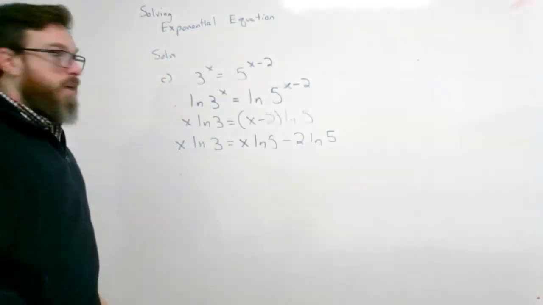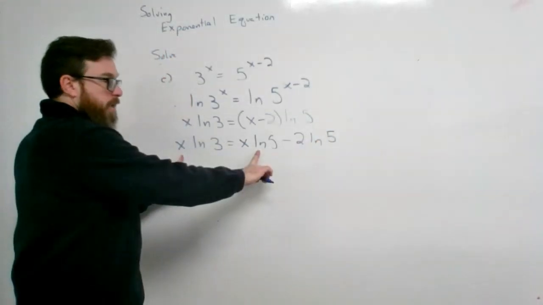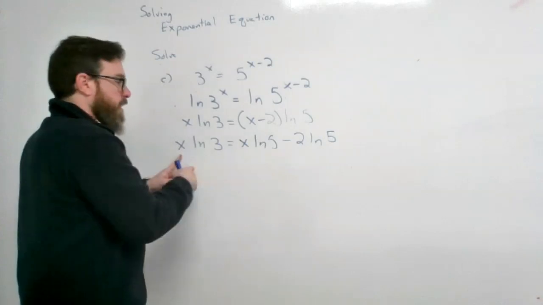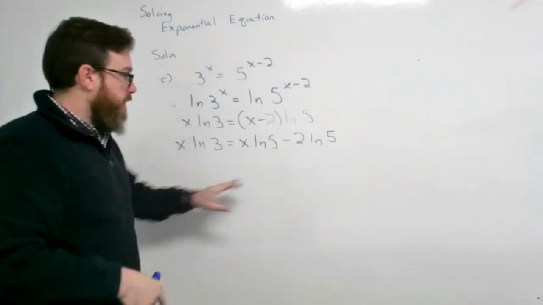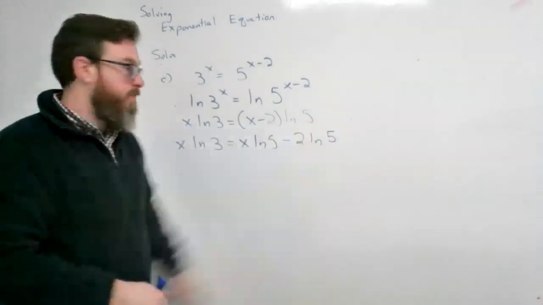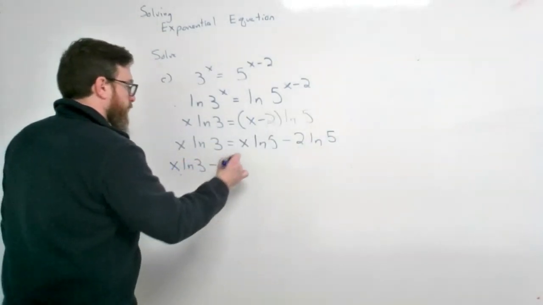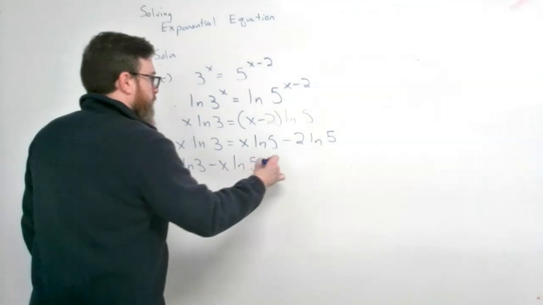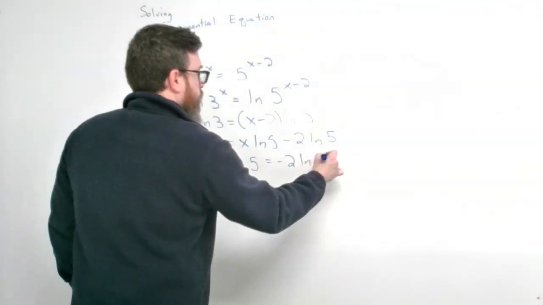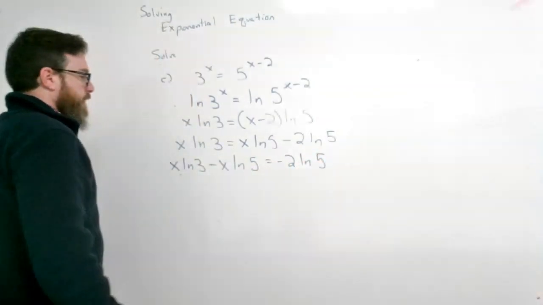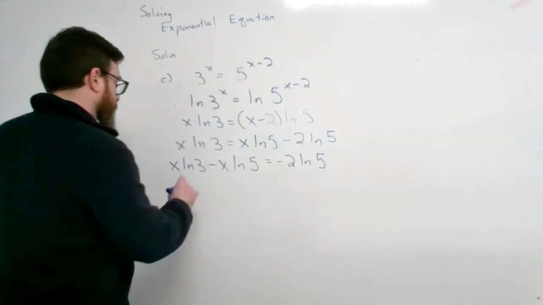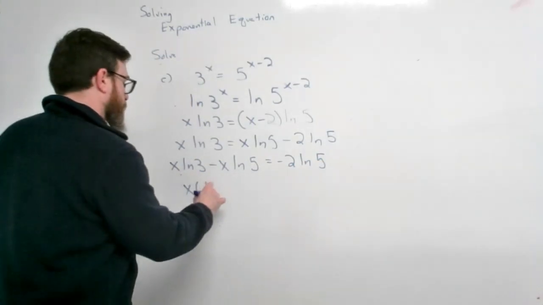Now we're trying to isolate x's, so any term with an x, I'm going to put to one side of the equation, say the left side. Any term without an x, which is only this term, we'll leave on the right-hand side. So x natural log of 3 minus x natural log of 5 is equal to negative 2 natural log of 5. Since both of these have an x, I can isolate it if I factor it out.